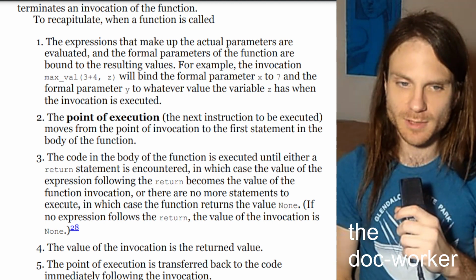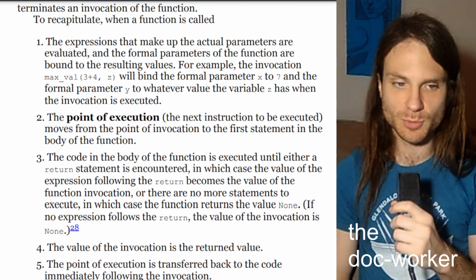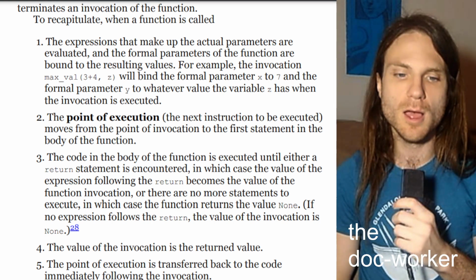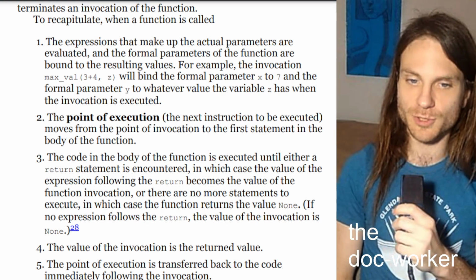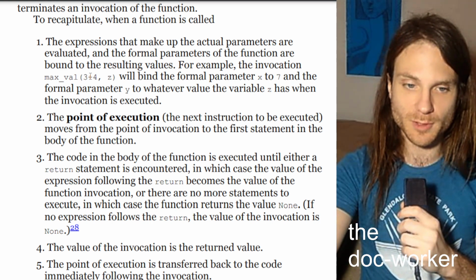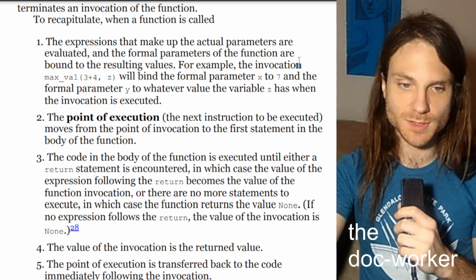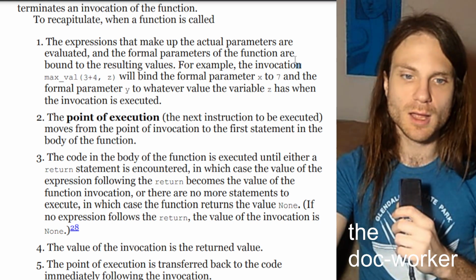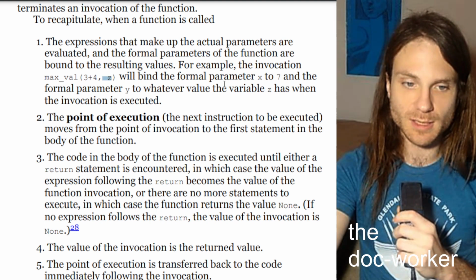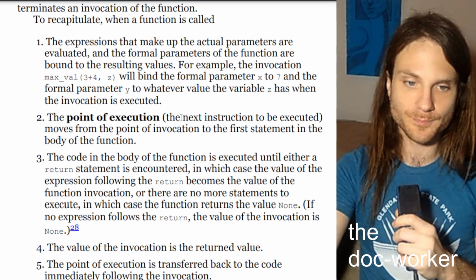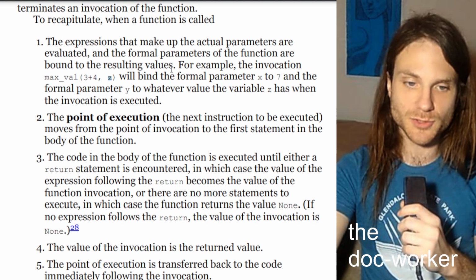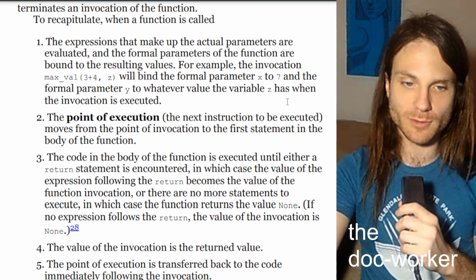For example, the invocation max_val(3 + 4, z) will bind the formal parameter x to 7, because this expression will be evaluated, 3 plus 4, so x will become just 7. And the formal parameter y to whatever the value the variable z has whenever the invocation is executed. And of course, if you haven't defined z and assigned a value to it earlier in the code, then this will just return an error.